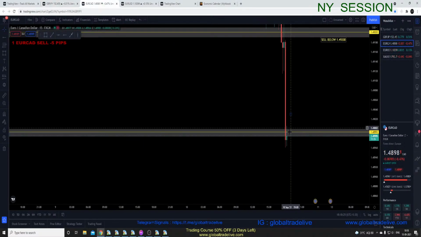Now I want this candle to close bullish over here so that the next candle can break the whole low over here and move more down.